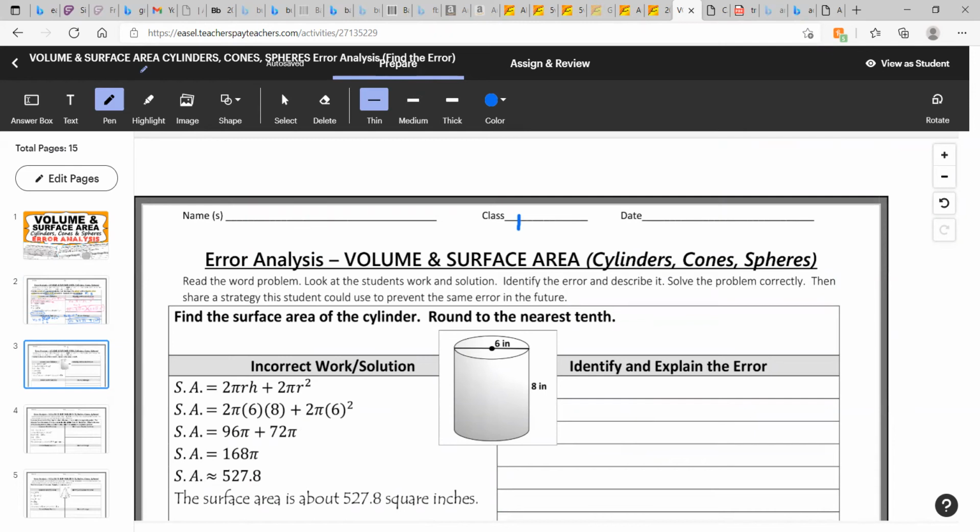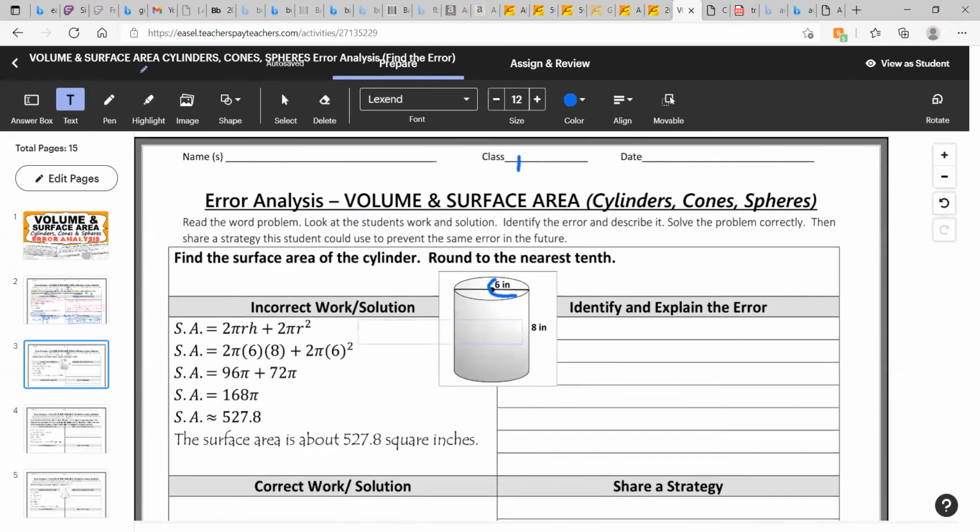Try solving this and see, was the student wrong? You have the diameter is 6, the height is 8. So try and pause the video right now and try to see why the student got it wrong and try to solve it. And then you can show the right solution at the bottom.